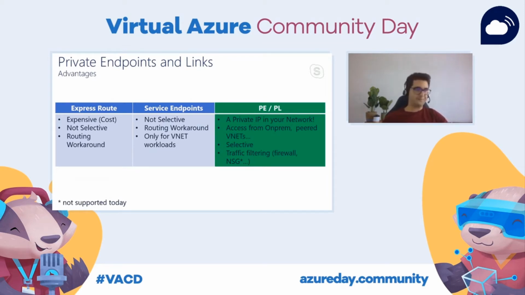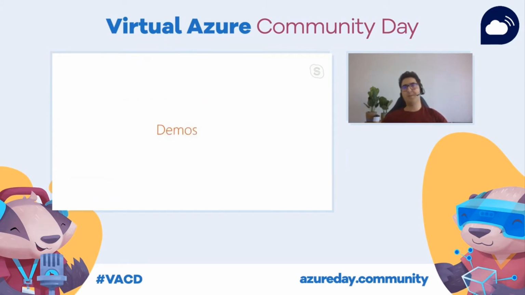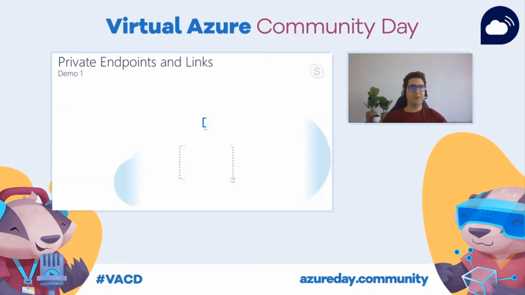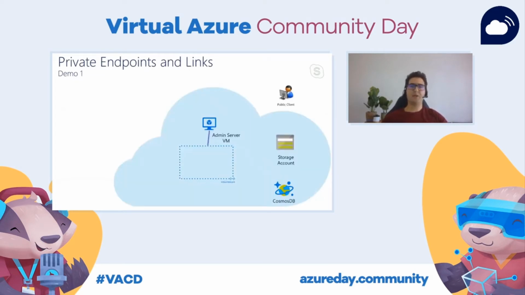Okay. So for the demos, we will have two demos today. We have a storage account and a Cosmos DB database, for example. I have an admin server, an admin virtual machine or server VM, and I have two private DNS zones, and we will see why we are using the private DNS zones.